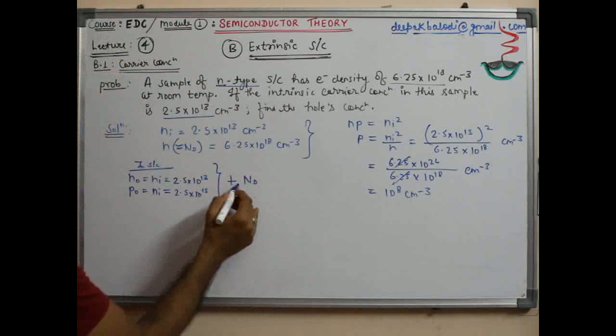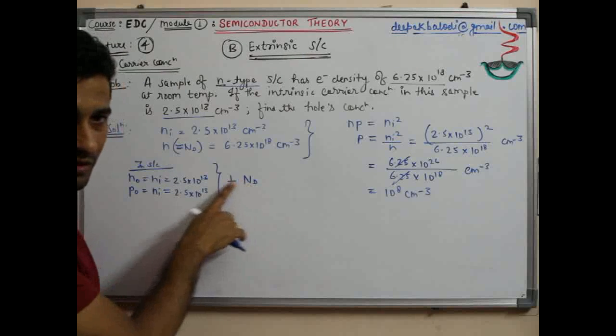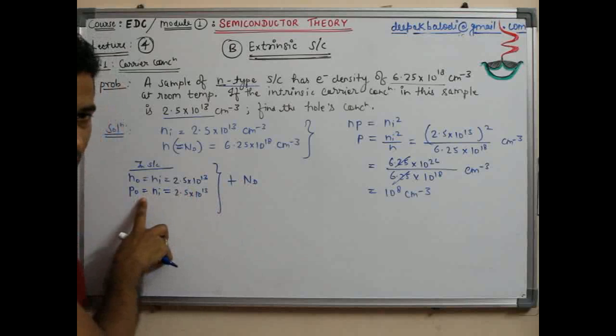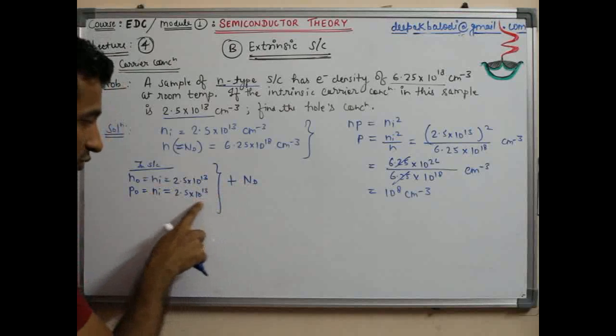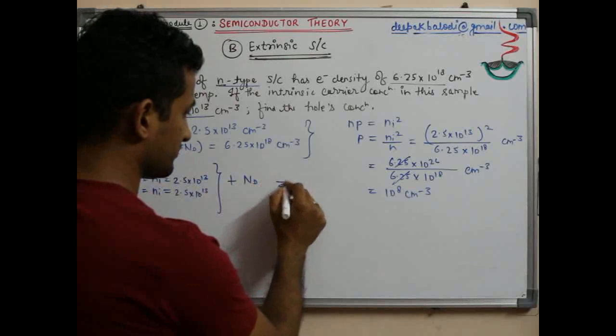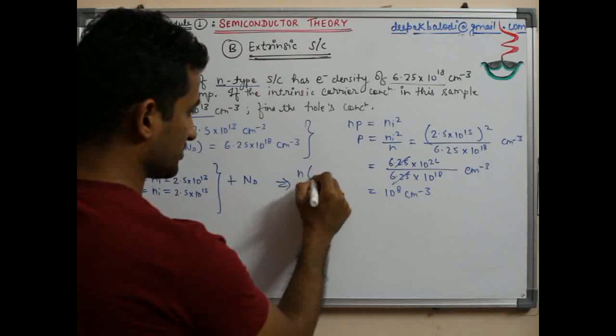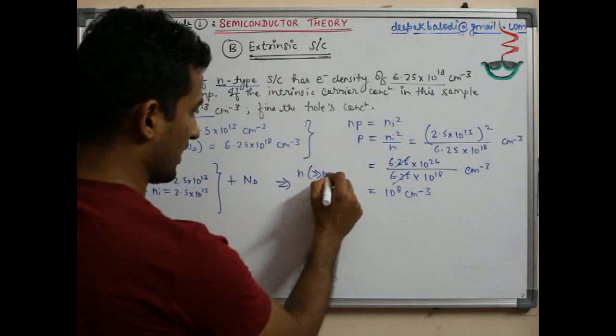We know that some part of Nd goes to recombination with the minority carriers, but it is too much, so it will reduce the hole concentration a lot. So the final concentration of n will rise too much beyond n naught.